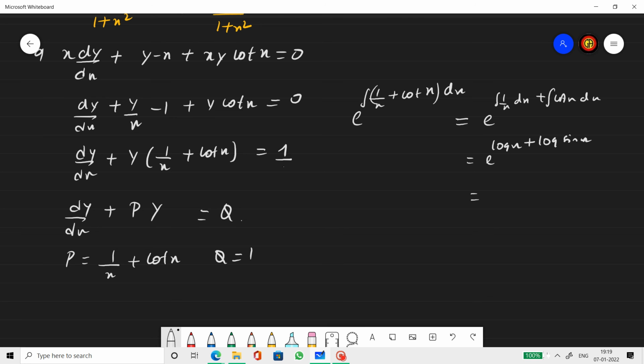Now log x plus log sin x is in the form of log a plus log b, which is log ab. So you get log of x sin x. So e and log will get cancelled. We get x sin x as the integrating factor.